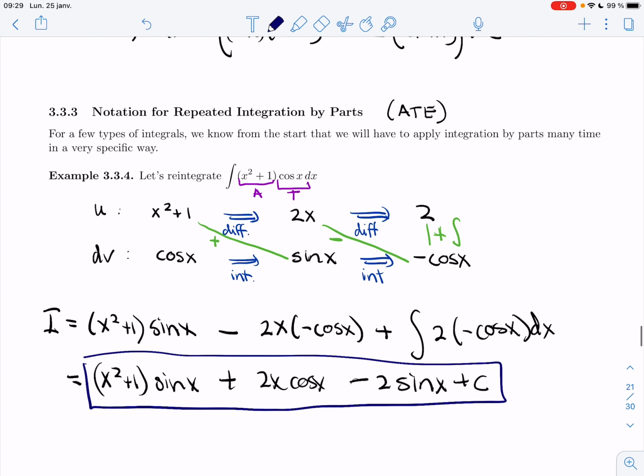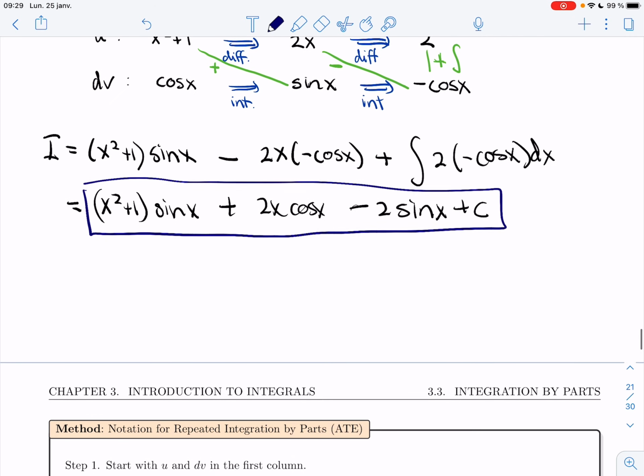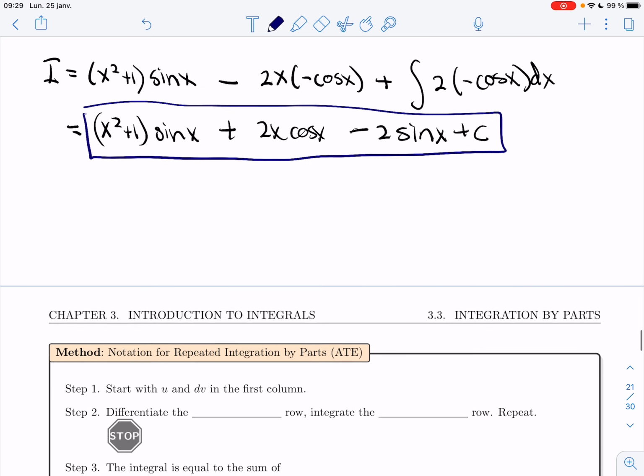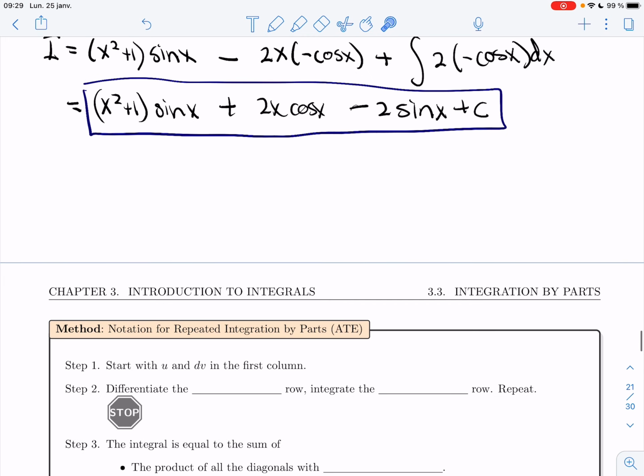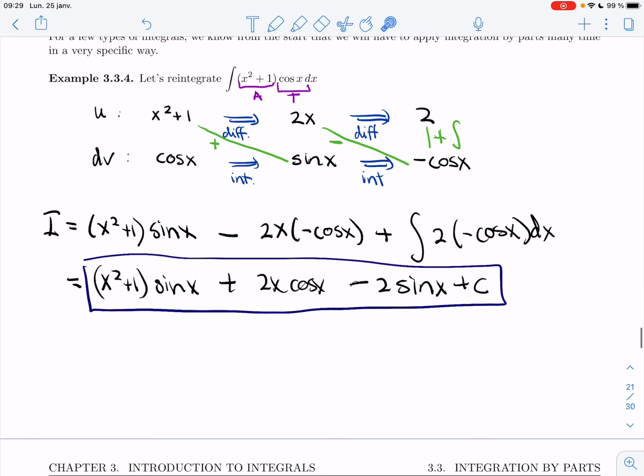All right, so let me recap this new notation. Notation for repeated integration by parts, for all the ones that involve algebraic, trig, and exponential. No logs, no inverse trig functions. So you start with u and dv in the first column. That's what we had here.